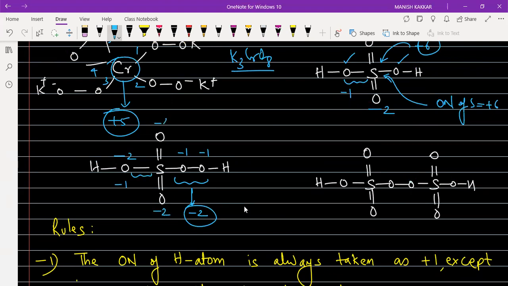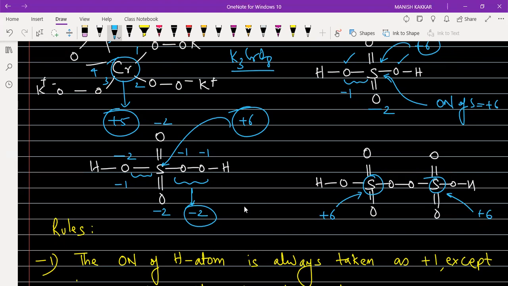This is -2, this is -2. Again, sulfur will be present in +6 oxidation state. ठीक है ना? Same is the case with this example called peroxodisulfuric acid. इसमें भी ये sulfur +6, this sulfur also present in +6 oxidation state.